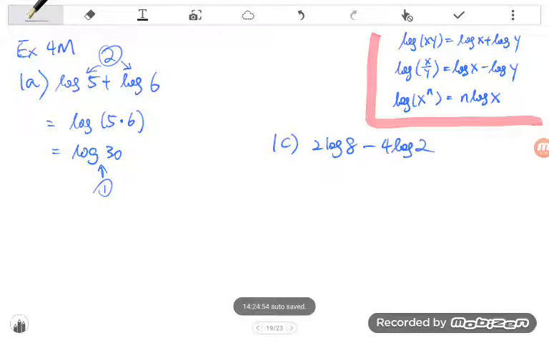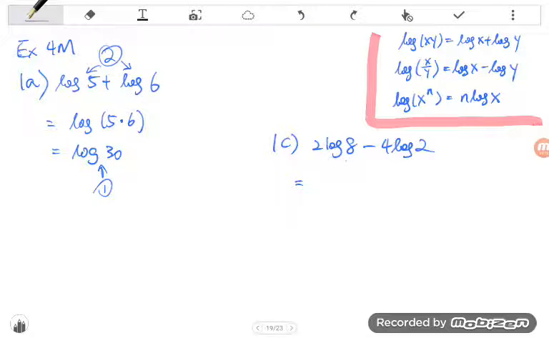For 1C, same thing. We have 2 logs over here, and we need to combine them and make it into just log of something. I'm going to use the third law to change the way they look right now.